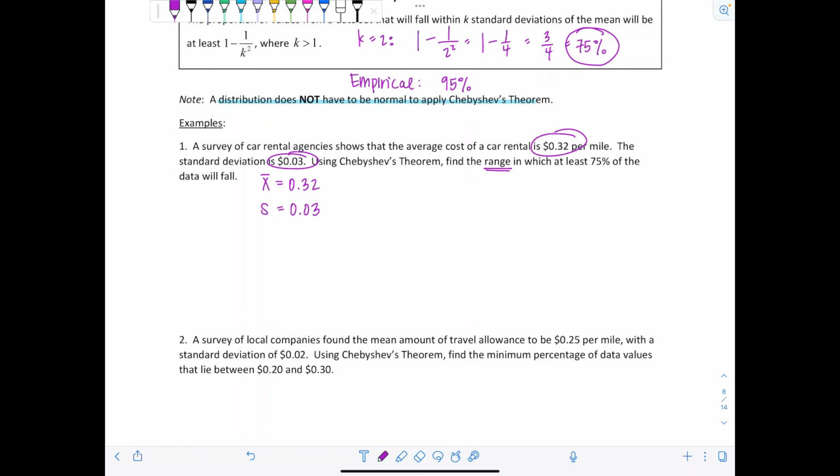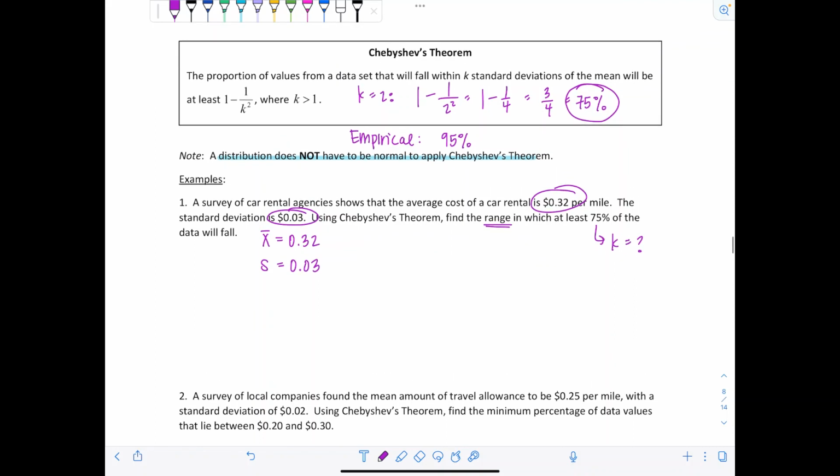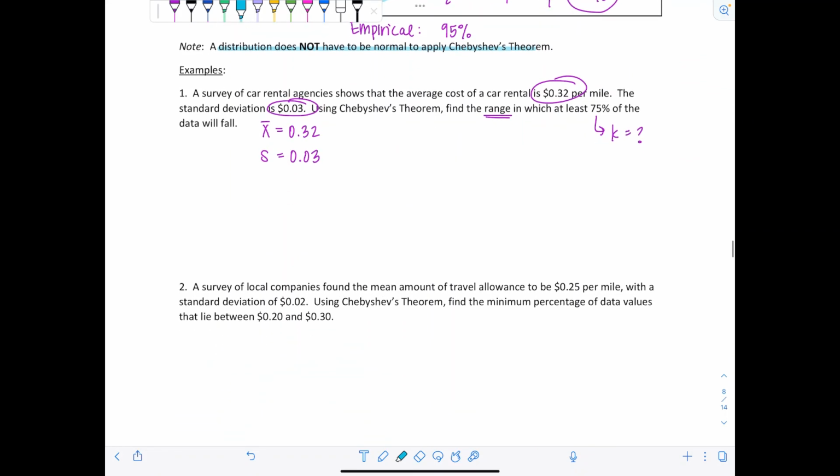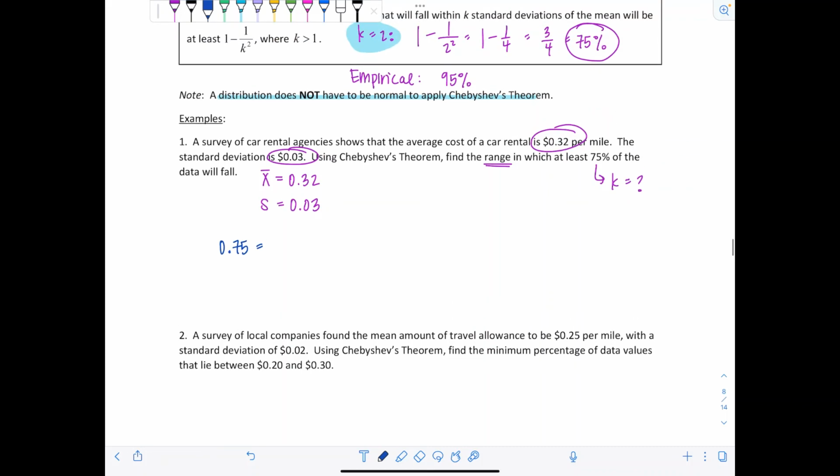So 75% of the data, I want to know how many standard deviations, or what is K equal to, for 75% of the data. Well, we literally just looked at the fact that K equals 2 equates to 75% of the data. What if we hadn't just done that though? What would you do? Not sit and cry. No, you would go 75%, that's 0.75. And Chebyshev's rule tells me 1 minus 1 over K squared of the data falls within K standard deviations.